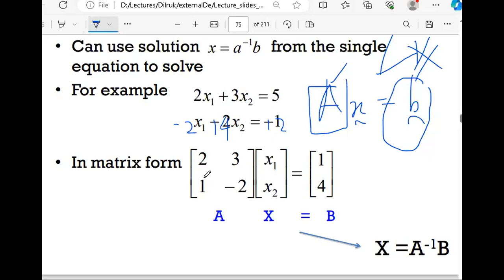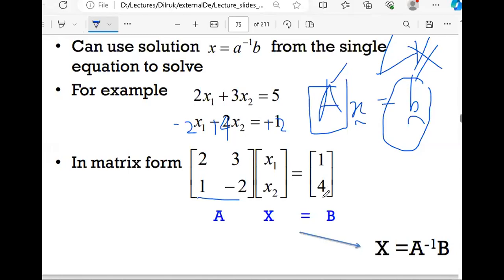If you want to remove this one here, you have to consider the augmented matrix, the coefficients with the right hand side. So you multiply the entire row by -2. Then I add that row to the first row. Then you get something. Then I replace the second row with that.